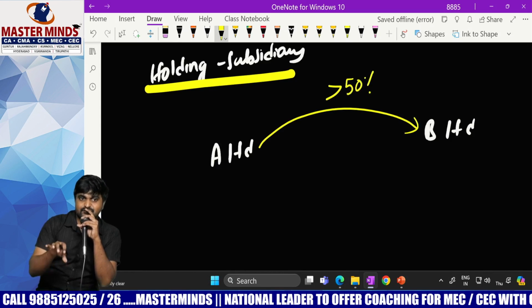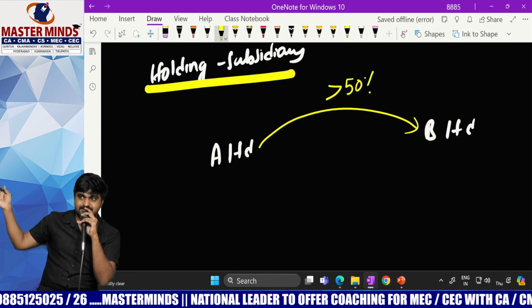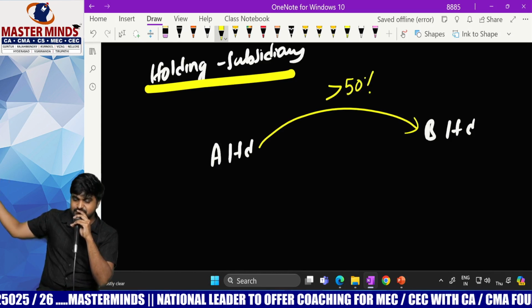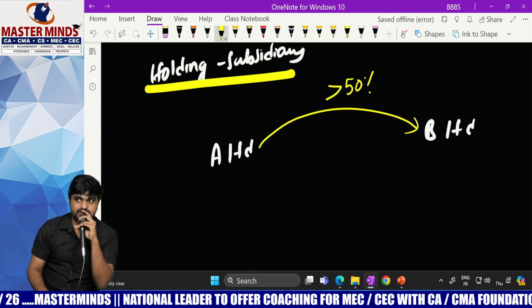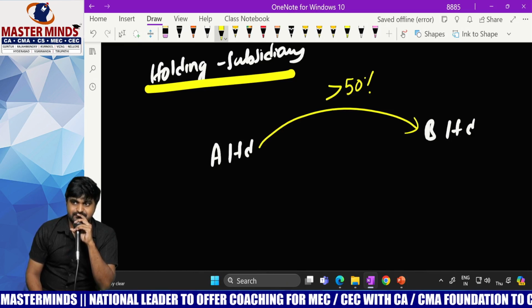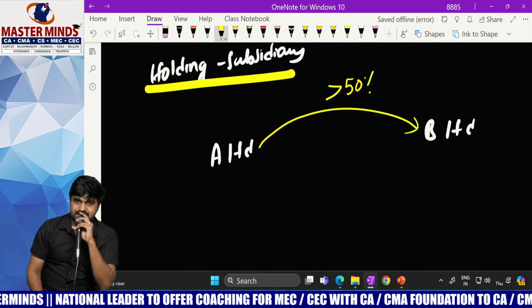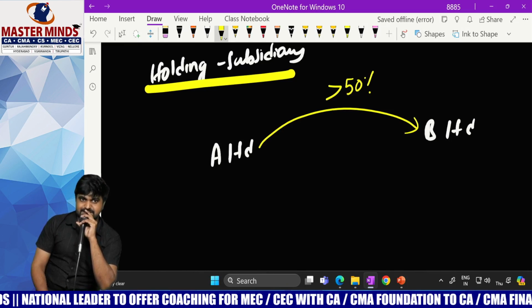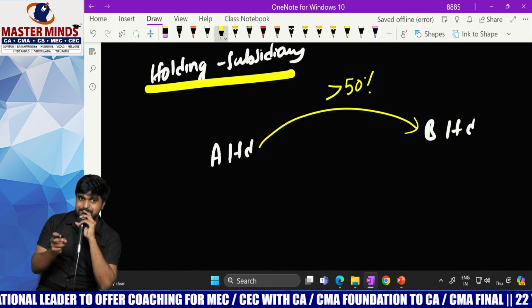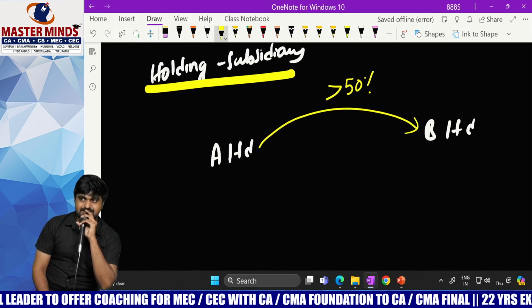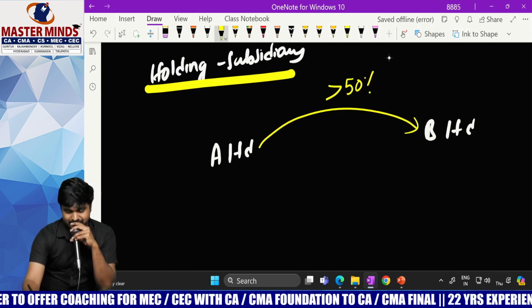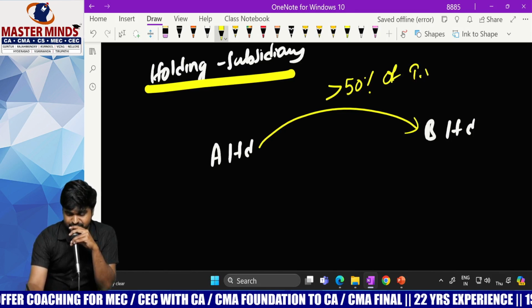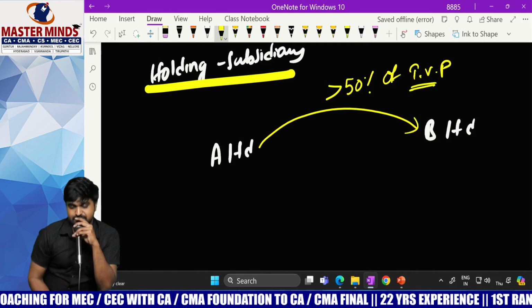More than or equal to 51% is for a government company. So here it is more than 50%. More than 50% of what? Is it paid up equity share capital? Is it paid up preference share capital? It is voting power. So more than 50% of total voting power.